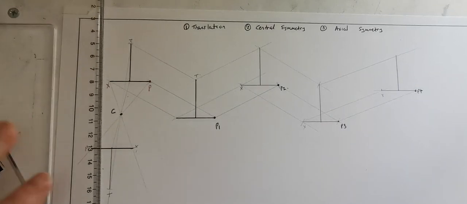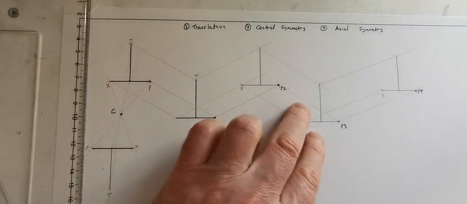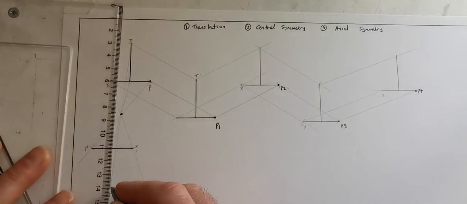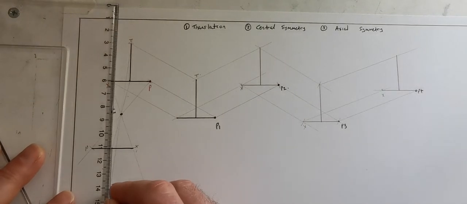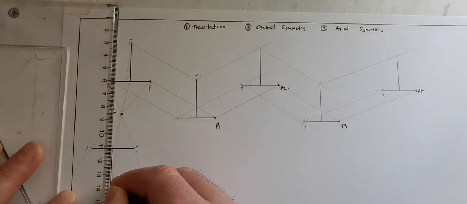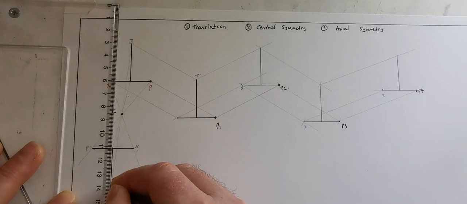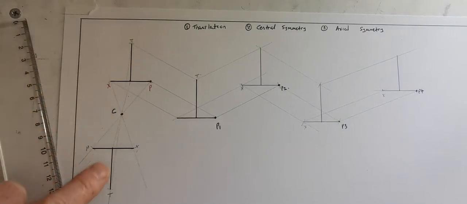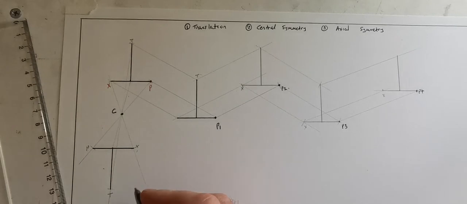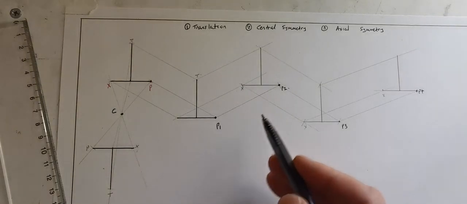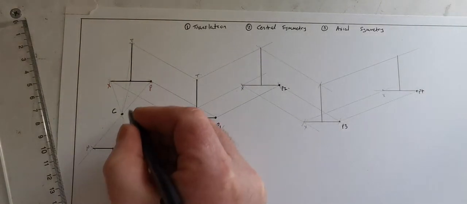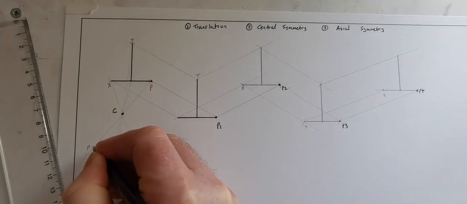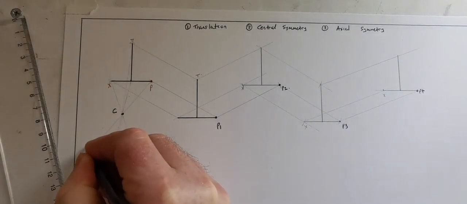Translation doesn't, it just moves it around, but central symmetry turns the figure the other way. So that's P1, P2, P3, P4. I'm going to call this P5.